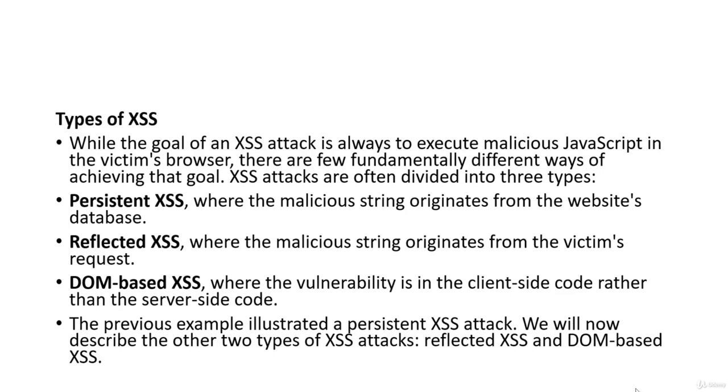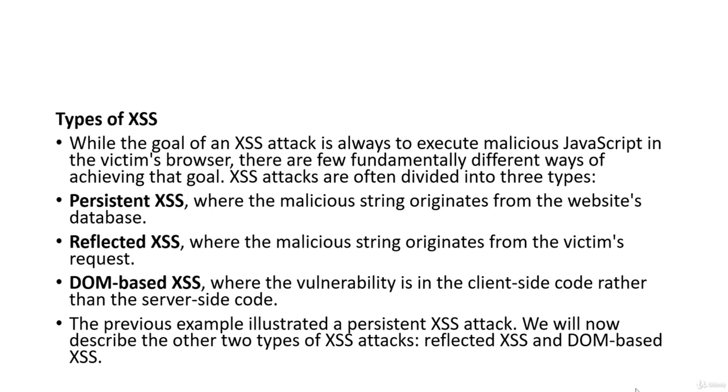In the case of reflected XSS, only the particular link will be infected. Whenever any user visits that link, they will get infected, but the whole range of users who visit the website will be unaffected. We'll see this persistent and reflected XSS attack in this lecture.